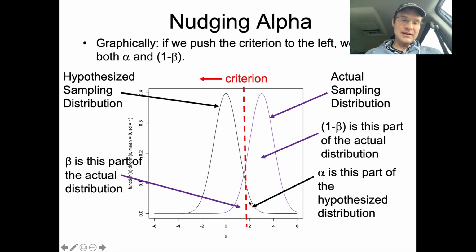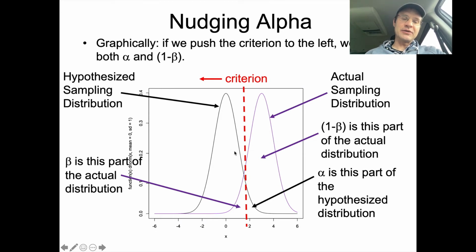And what will happen is this little bit of the black distribution, the alpha part, will get bigger because the red line will cross at higher and higher intervals of this normal curve, and thereby leave more of the distribution on this side. And the same thing is true of what happens to the purple distribution.